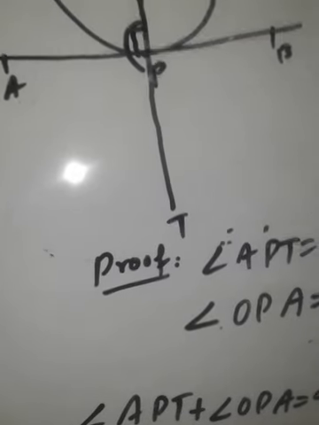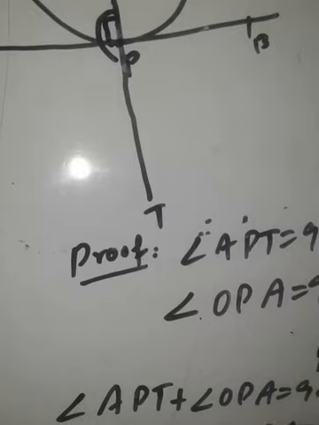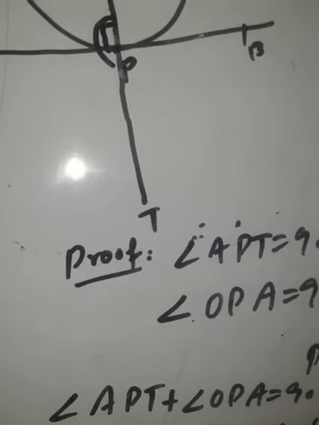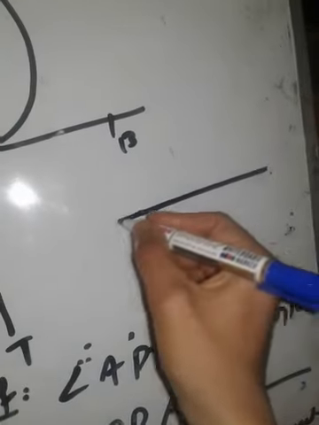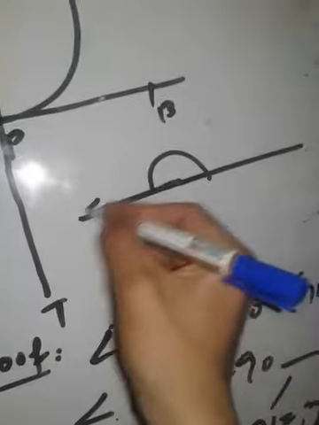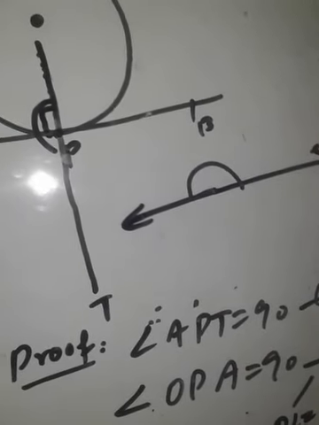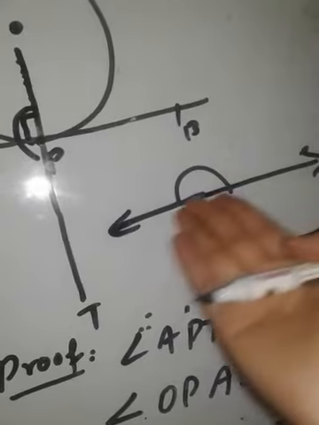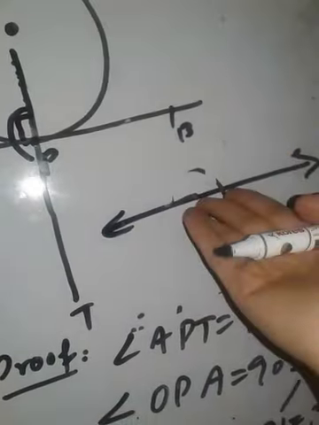If you were asked to draw an angle of 180, what does it look like? Take a look, this is your 180, a straight line. So when you have to form a 180 angle, you will form a straight line.